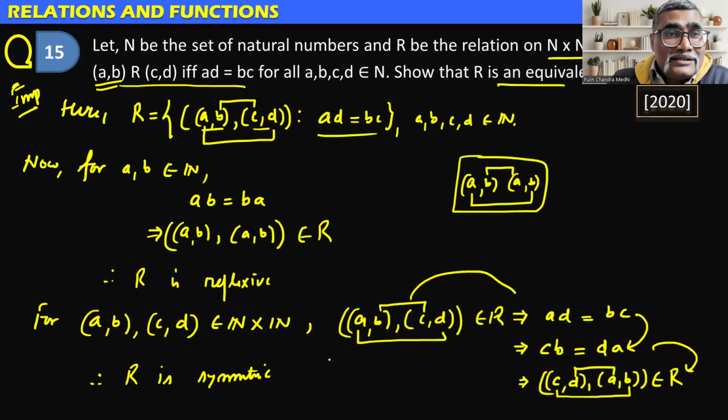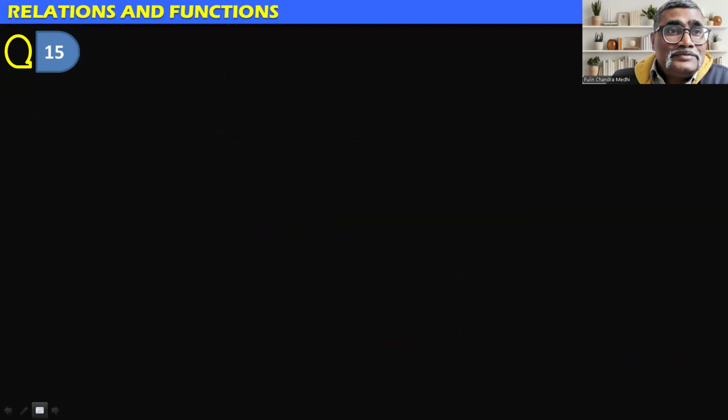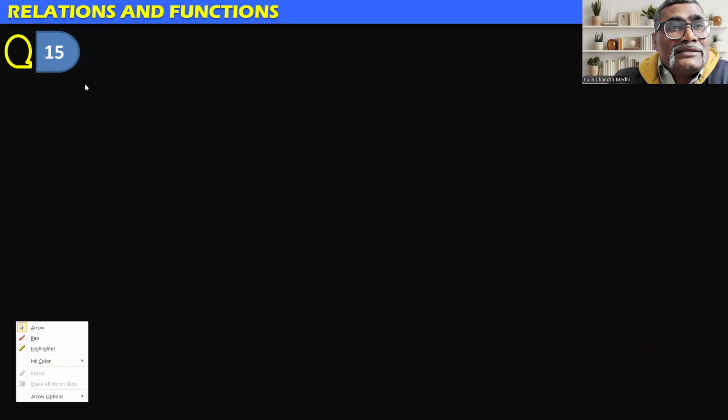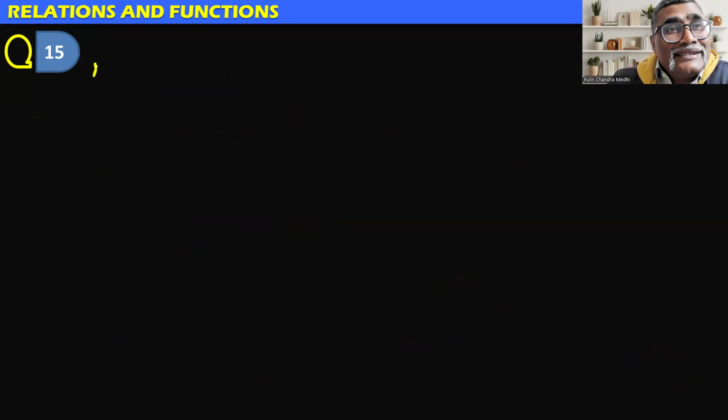Right? Now the last condition. It is transitive. So for transitive, I am going to the next page. For transitivity, what should I start with? Now, A B related to C D. That means this will be in the ordered pair.